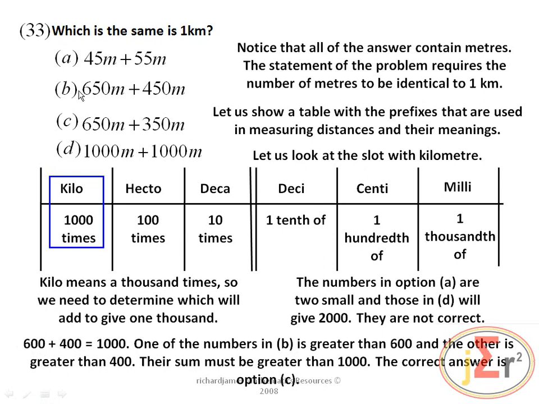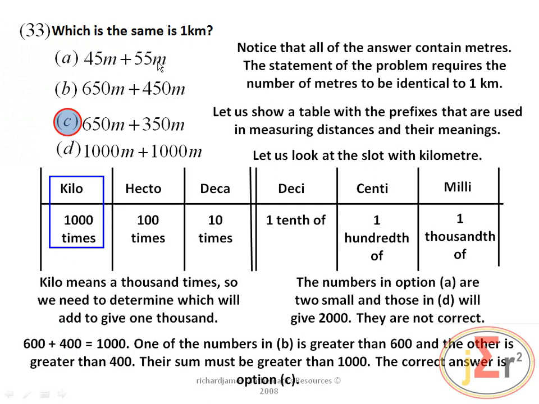So we have 650 plus 450, that's not going to work. 600 plus 400 is equal to 1000. This is more than 600. This is more than 400. That will not give the correct answer. Their sum must be 1000. The correct answer is option C.